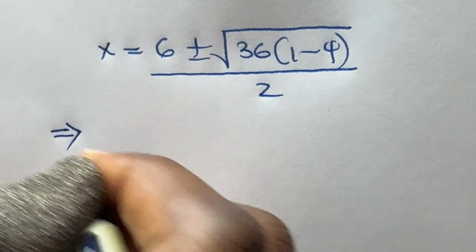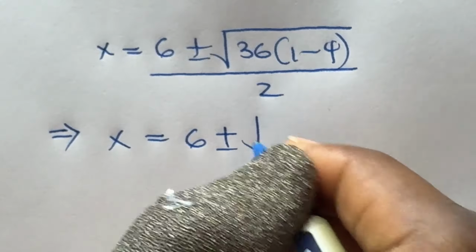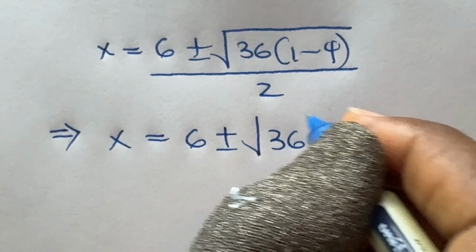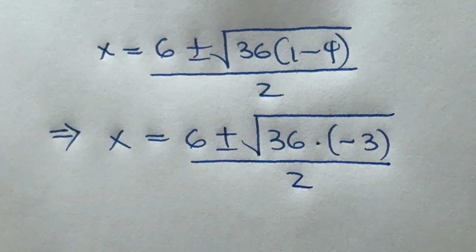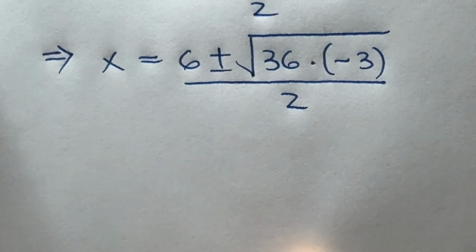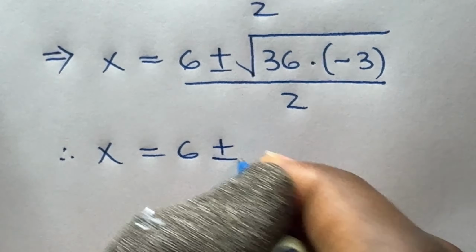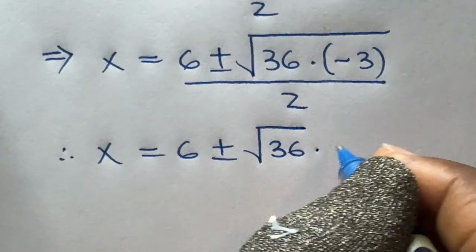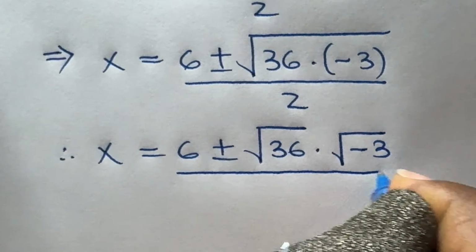This implies that x is equal to 6 plus or minus square root of 36 times -3, then divided by 2. Therefore, x becomes 6 plus or minus square root of 36 times square root of -3, then divided by 2.